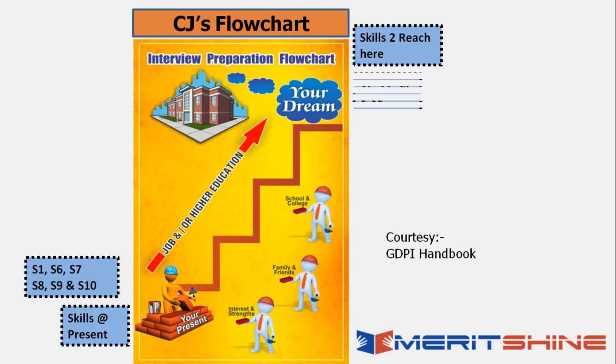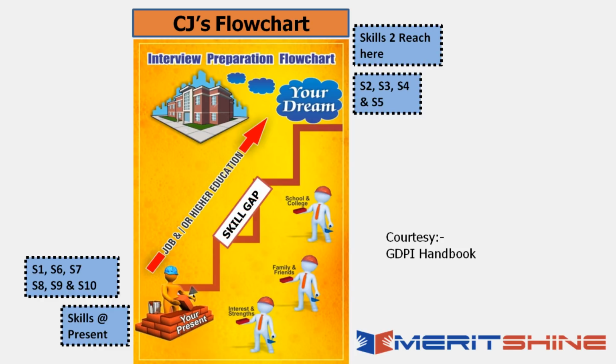We have already discussed which they were, and the skills that she needs to reach there are S2, S3, S4 and S5. This S2, S3, S4, S5 is the skill gap, and this skill gap is something that she needs to manage or fulfill. Now, this becomes CJ's flowchart.